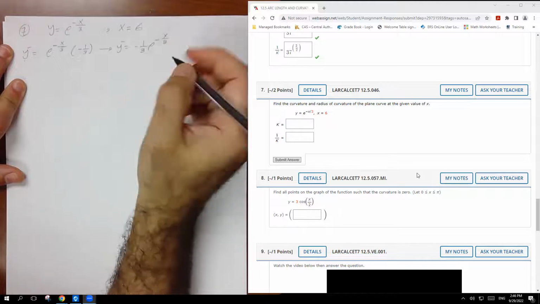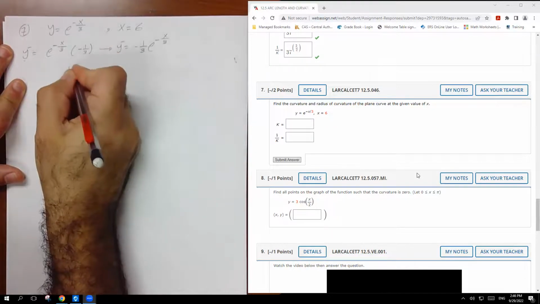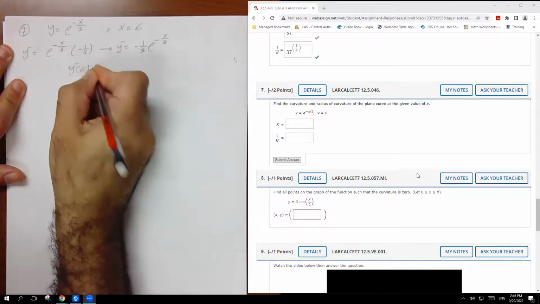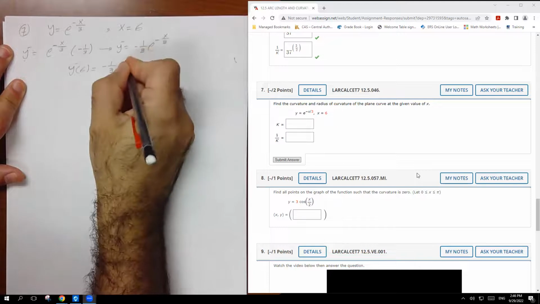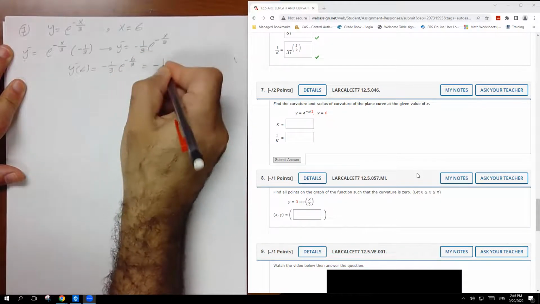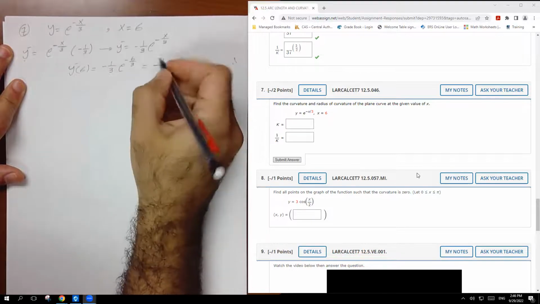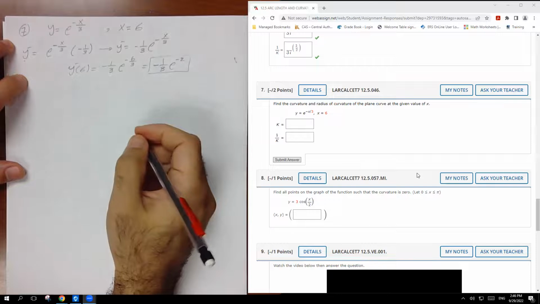Let's find y prime at the point 6, which is negative 1/3 e to the negative 6 over 3. And this one is going to be negative 1/3 e to the negative 2. So here is the y prime at this point.